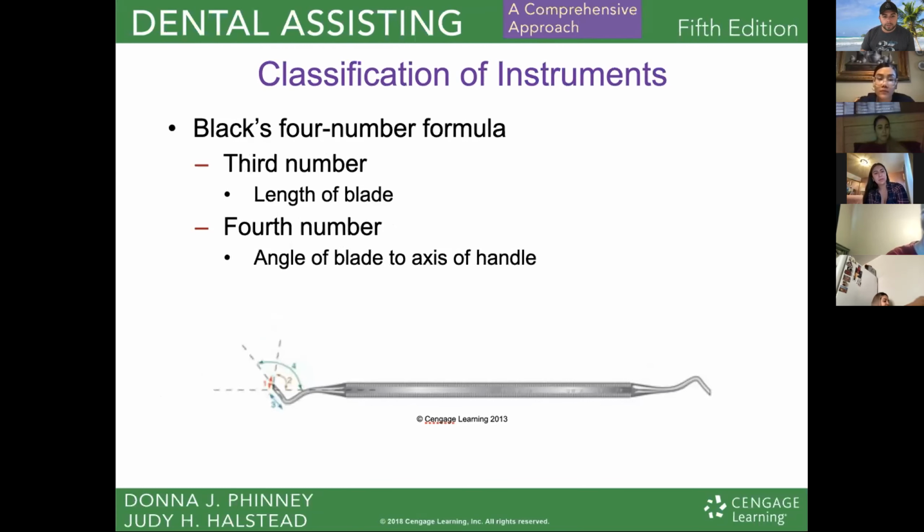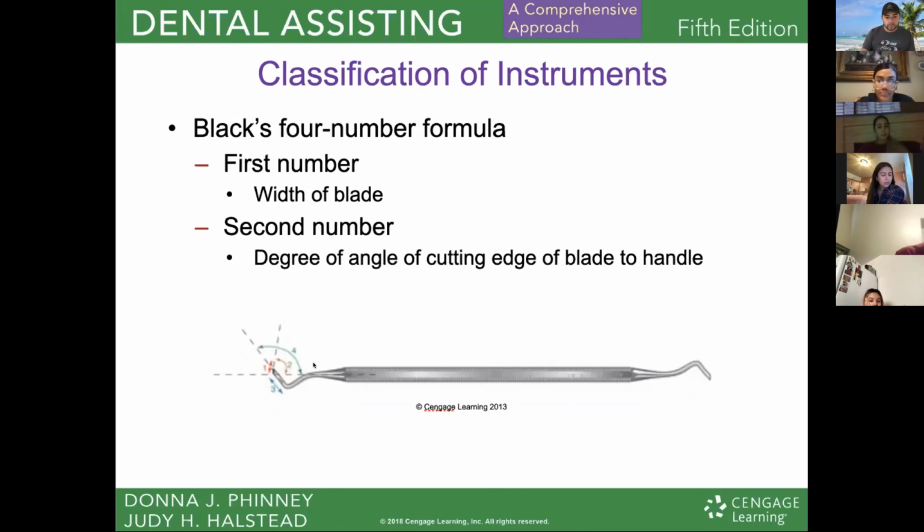The third number is going to be the length of the blade, and that's what we see here in this blue dimension. Again, the length of the blade. And then the fourth number is going to be the angle of the blade to the axis of the handle. So there are 2 different angles that we're talking about here. The first one was the degree of angle of the cutting edge of the blade.